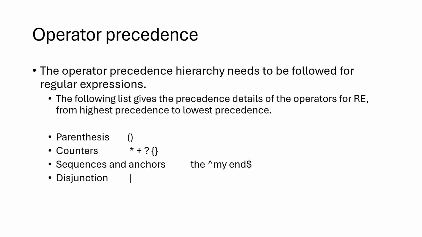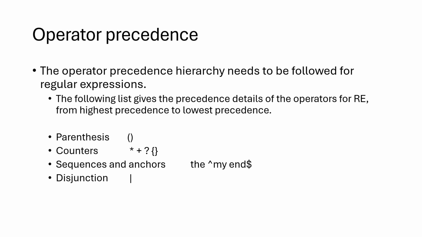Then sequences and anchors: the caret symbol takes the next level, the dollar symbol the next level, and then the disjunction operator has the lowest precedence in this example. So these are the operators for regular expressions.